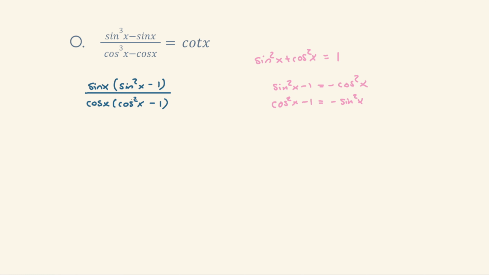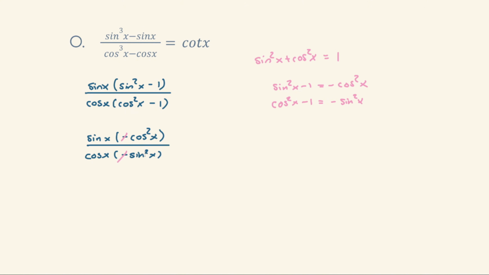So I can substitute this thing in the brackets and this thing in the brackets. I'm going to have sine x times negative cos squared x. And then in my denominator, I'm going to have cos x times negative sine squared x. Okay? And now these negatives are going to cancel out, right? And here I have a sine x on top.